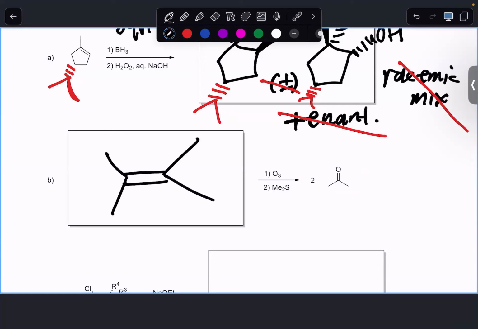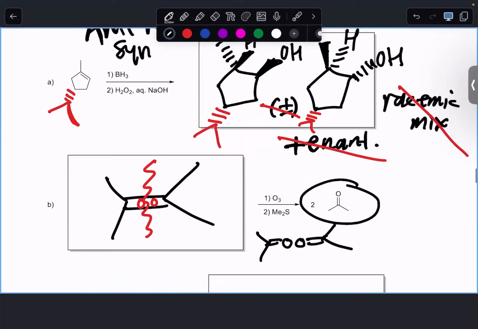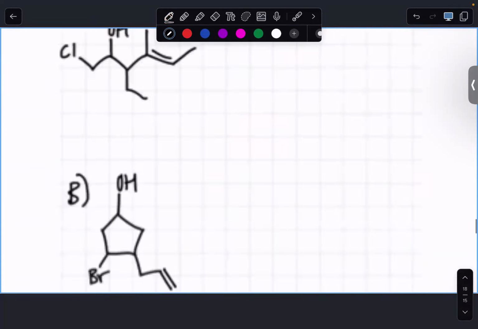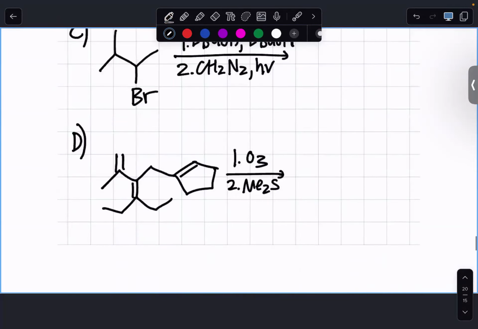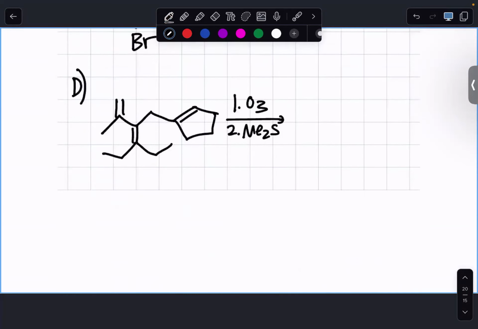This, right? Because we know when we cut it in half, we get these 2 products here, which is 2 of that. Okay, let's try part D, question D.